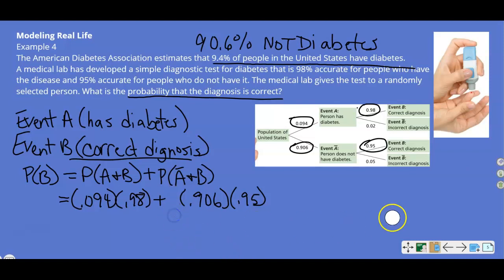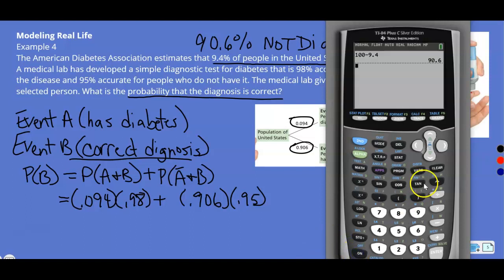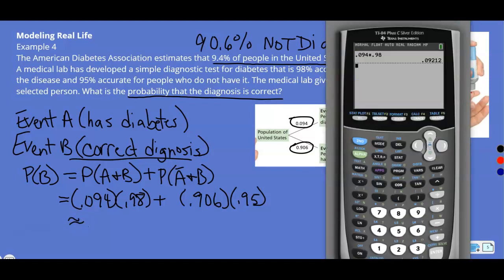I'm going to take this P out because then we can just simplify using our calculator. All right, so we're going to have 0.094 times 0.98. So that's going to be 0.092.